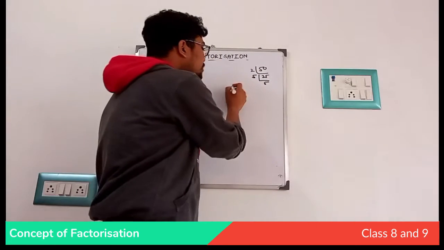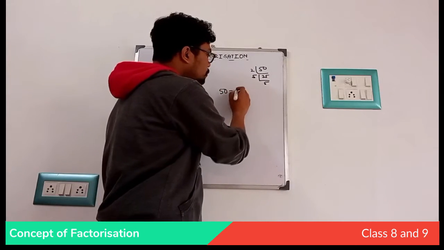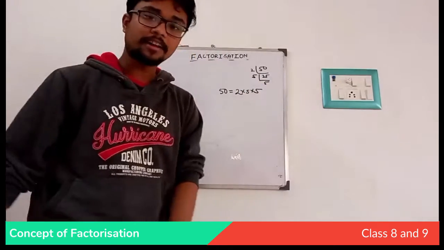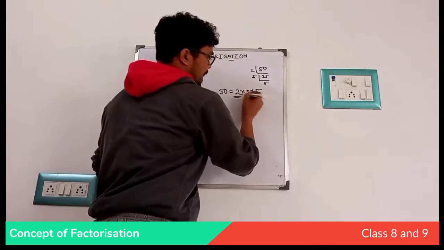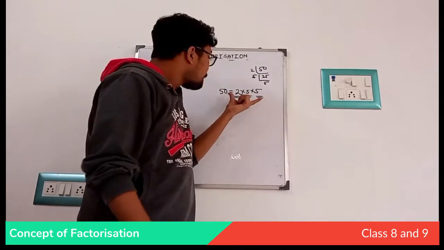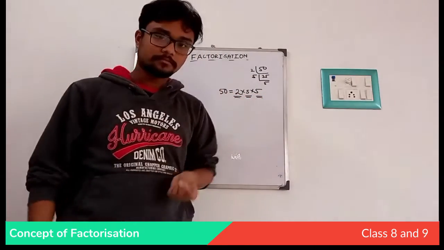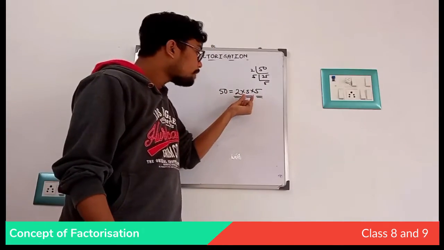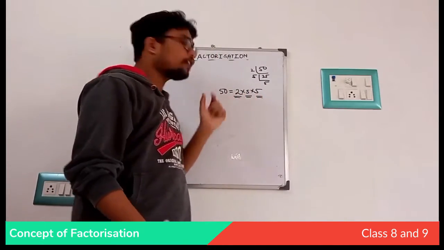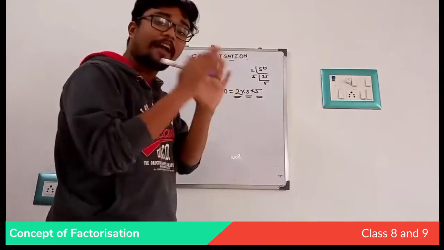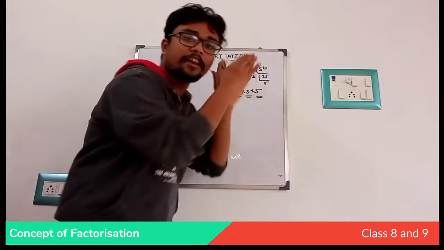So I can write 50 equals 2 into 5 into 5. So 2, 5 and 5 are the factors of 50. I again repeat, 2, 5 and 5 are the factors of 50. So if I factorize 50, we get the three factors 2, 5 and 5.